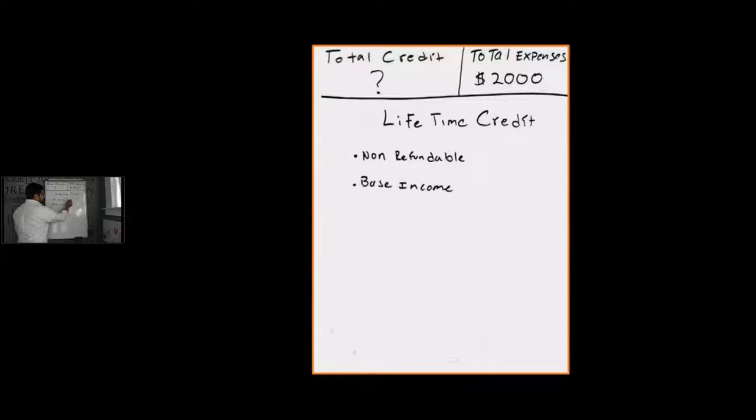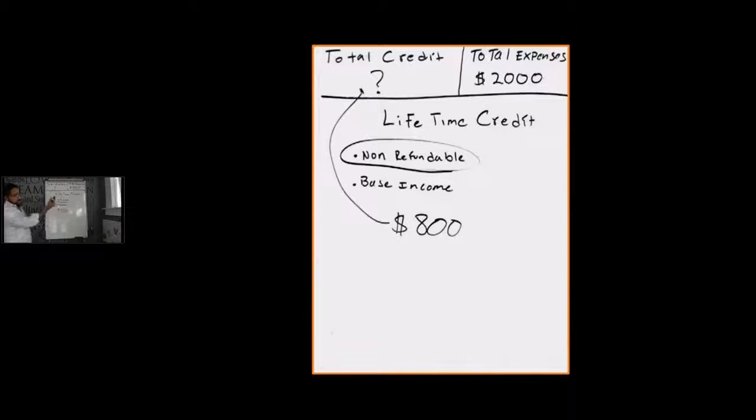Remember that it's non-refundable. And I see this a lot, people getting $800 in credit, that's sort of like the max credit you get. Whenever you max out the $2,000 in expenses and your income is low enough to get a credit, you'll get that.